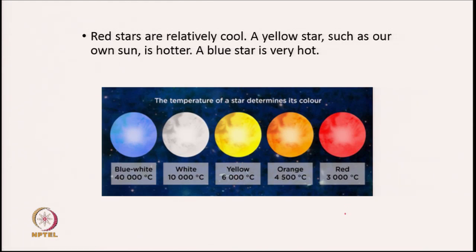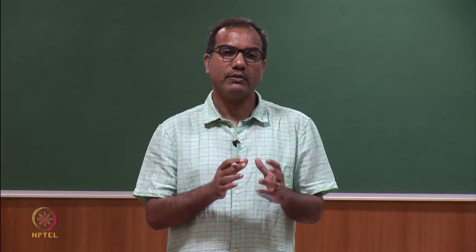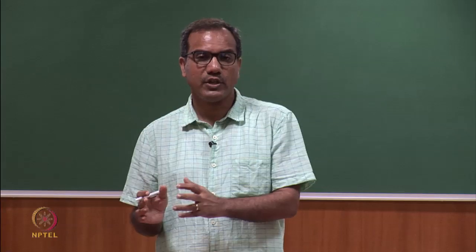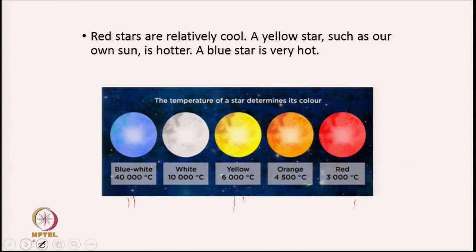A red star's temperature is around 3000 degrees Celsius, a yellow star like our sun is 6000 degrees Celsius, and a blue-white star is at 40,000 degrees Celsius. So, because of temperature, a particular star will look red or blue. It is the temperature which decides the color of the stars.